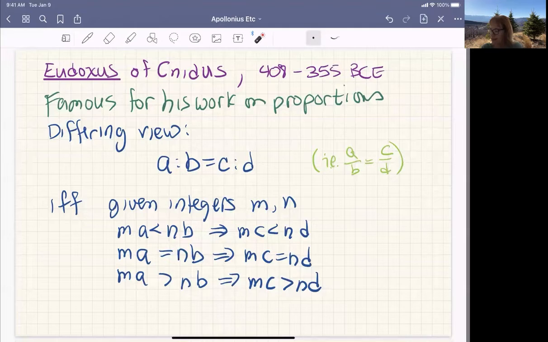A is to B as C is to D. Of course, in modern terms, we would just say the fraction A divided by B is equal to the fraction C over D. He says this is true if and only if, given any integers m and n, if MA is less than NB, then MC is less than ND.